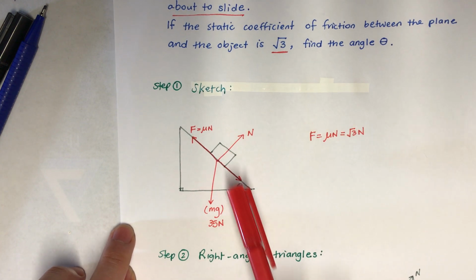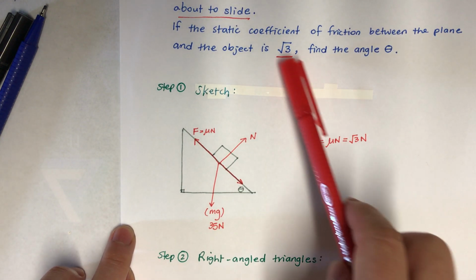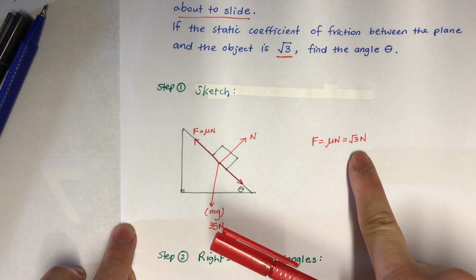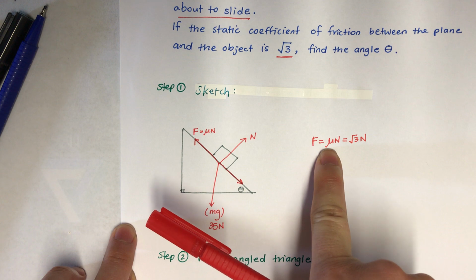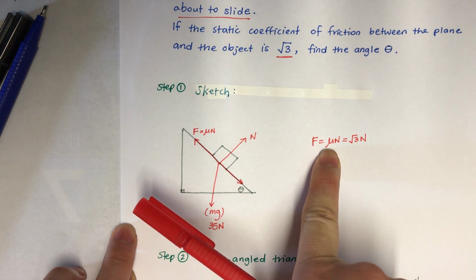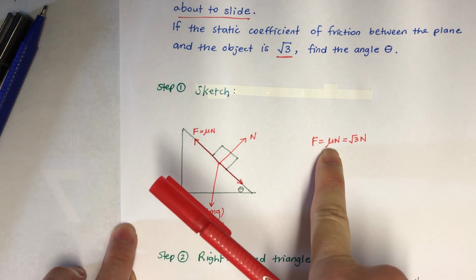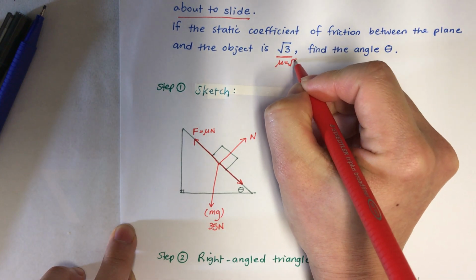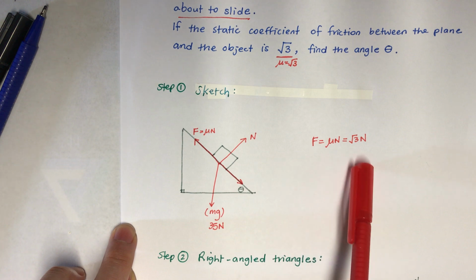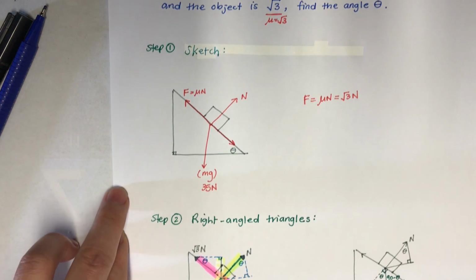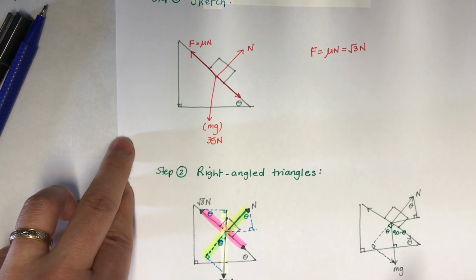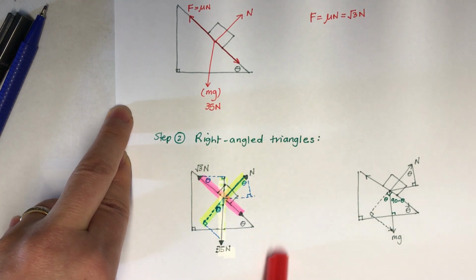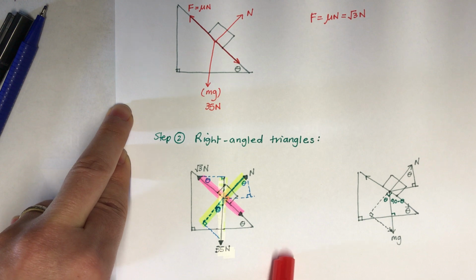Now I put the mu n there already because there's a static coefficient of friction, which is mu. Mu equals √3. So the friction is √3 times the normal force. And then we need to create the right angle triangles for all the forces.